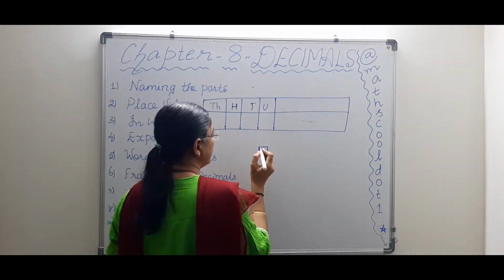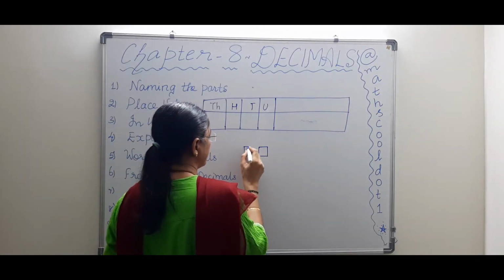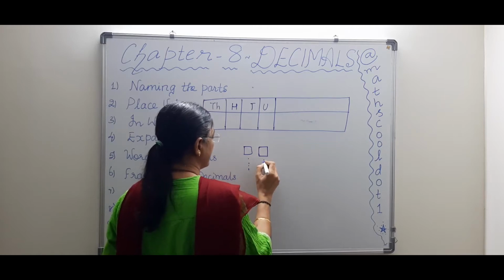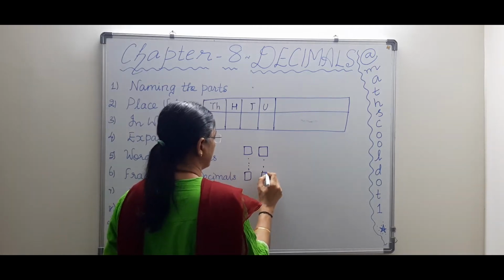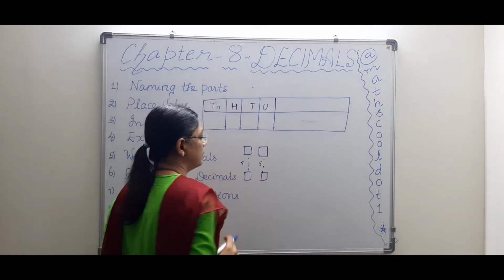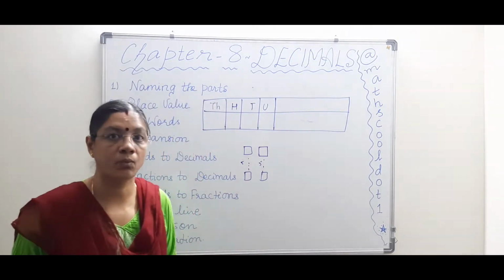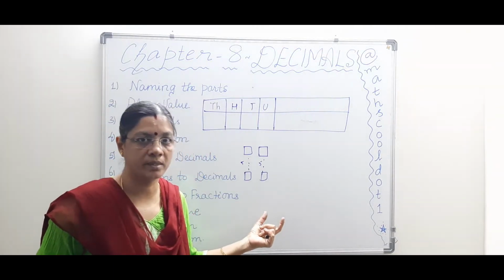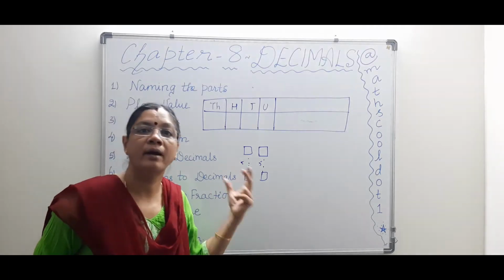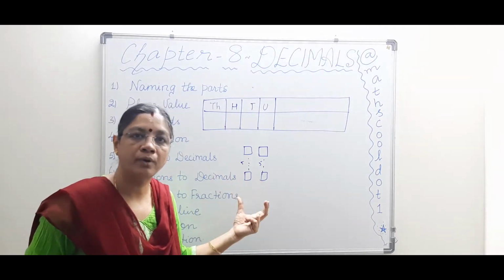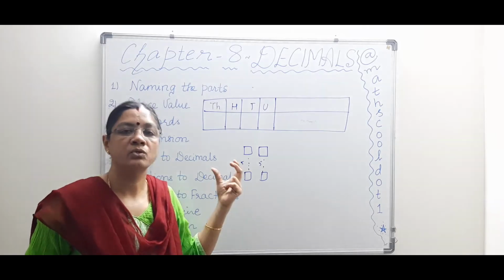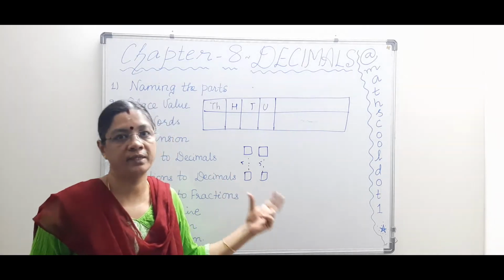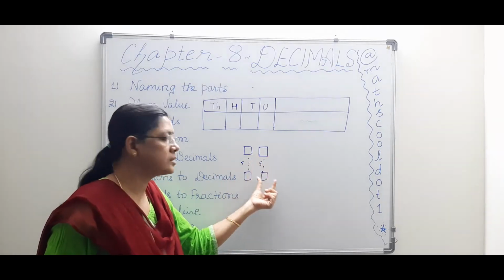If I have 10 squares like this, so 5 in a column, I say there are 10 squares here. If I have 20 or 100, or 200, 300 or thousands, I have whole squares. See, the square is a whole.